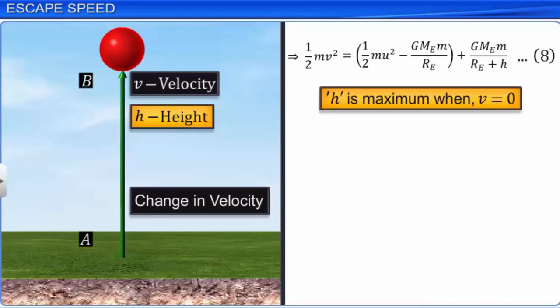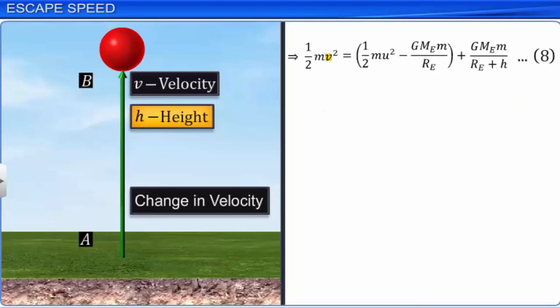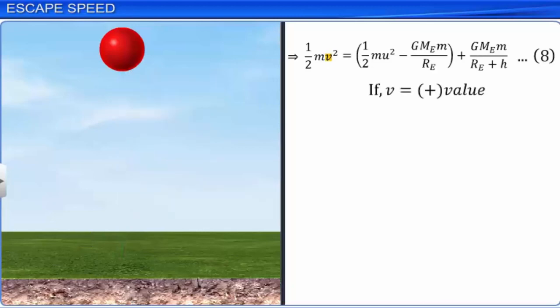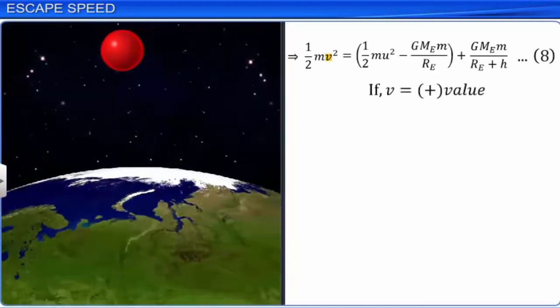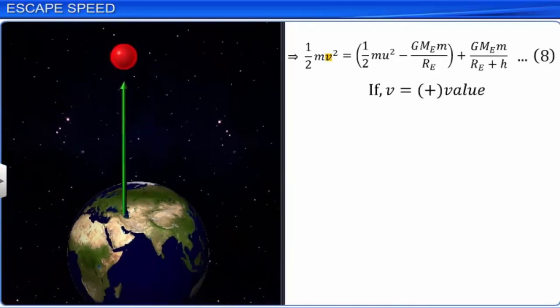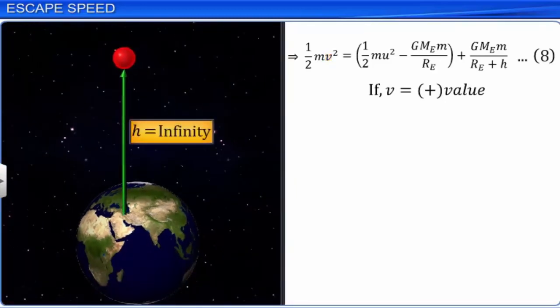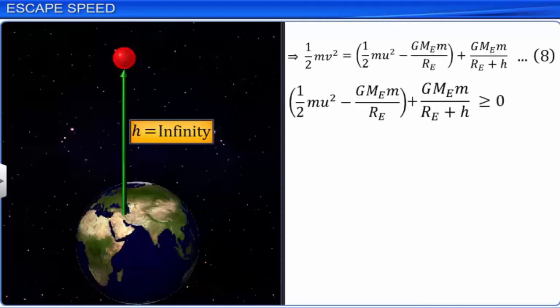In case velocity v always has a positive value, then the body continues to move vertically upwards, thus increasing the value of h to infinity, which eventually happens when the body escapes the gravitational field of the Earth. This is possible when the combination of the terms on the right side of equation 8 is greater than or equal to 0 for any value of height h.